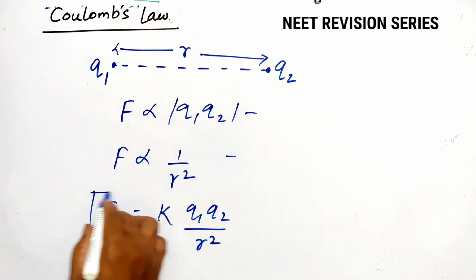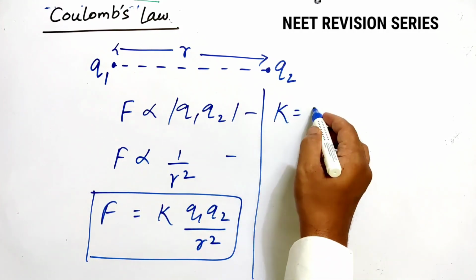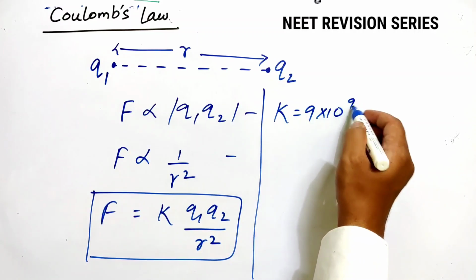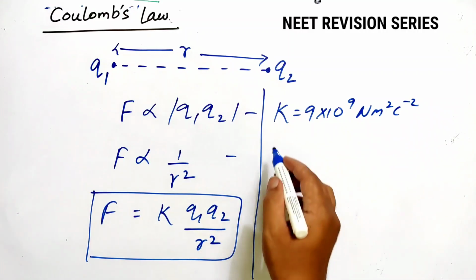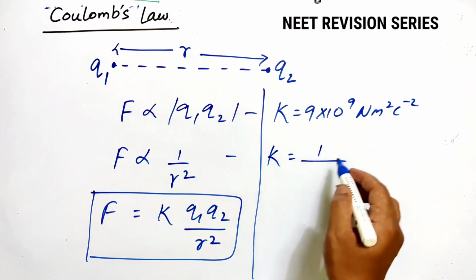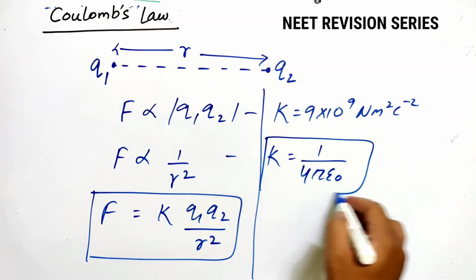Here K is the proportionality constant, whose numeric value is 9 into 10 to the power 9 Newton meter square Coulomb to the power minus 2, and in the form of an expression we write it as 1 by 4 pi epsilon naught.